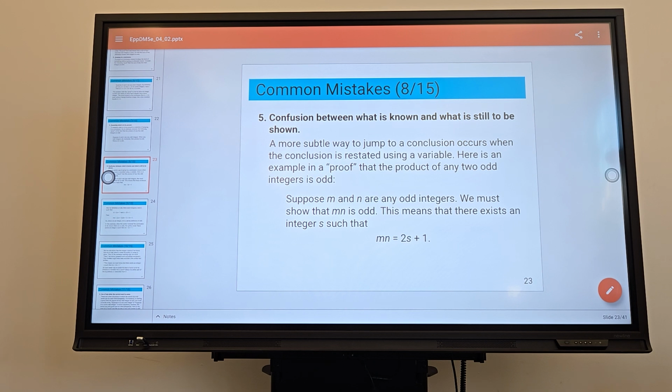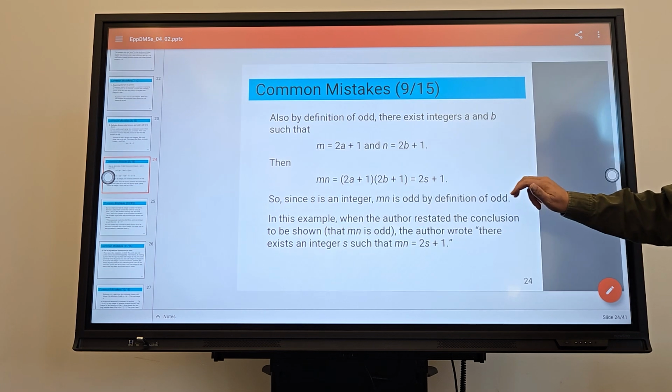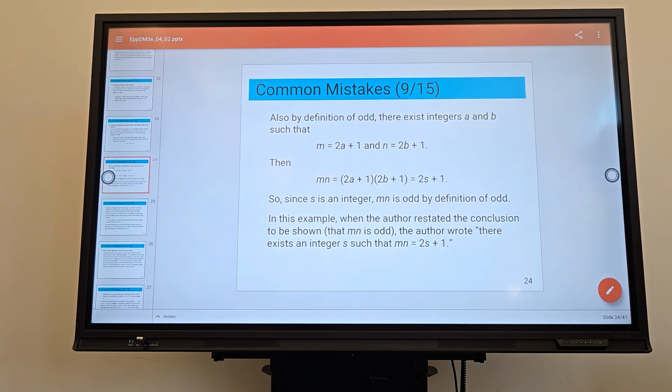This means that there exists an integer s such that m times n equals 2s plus 1. Also, by definition of odd, there exist integers a and b such that m equals 2a plus 1 and n equals 2b plus 1.